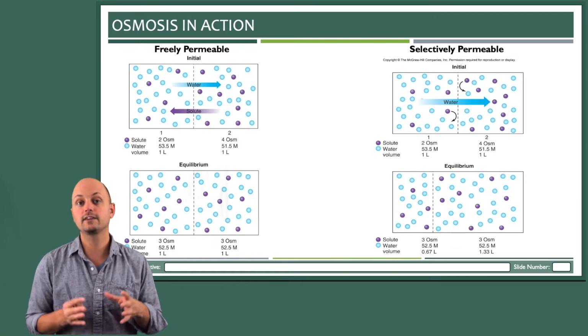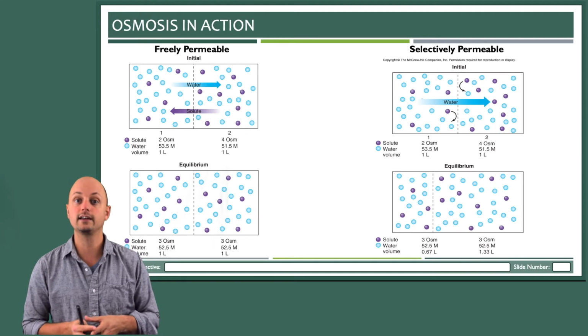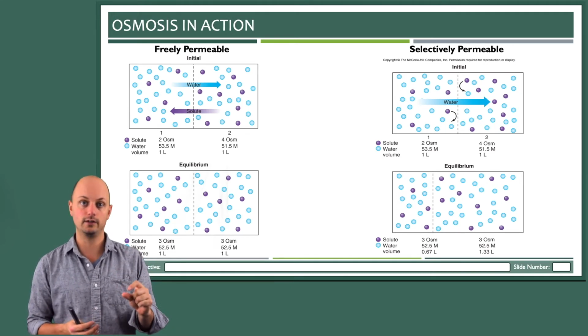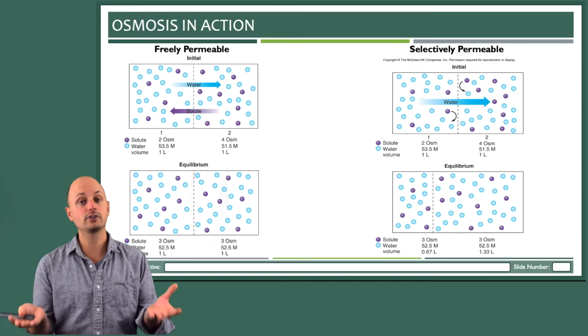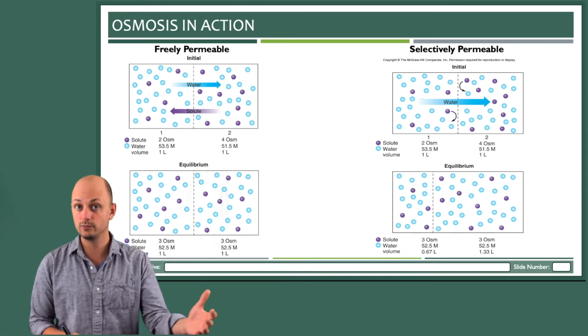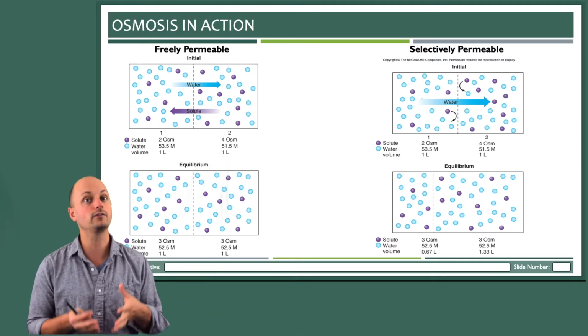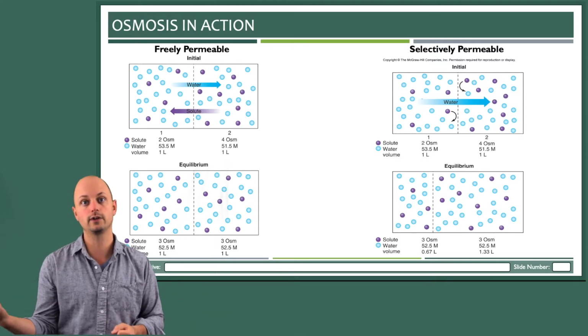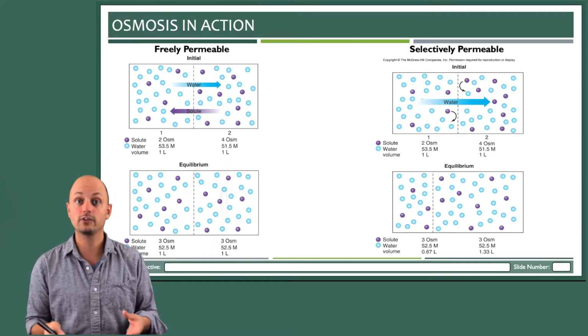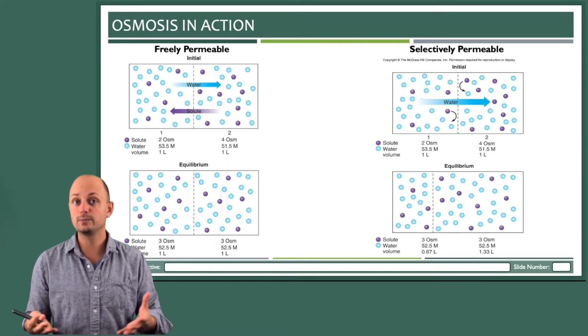But remember, this means that the concentration of water on the right side is lower. And you can actually see that if you count the number of water molecules. Because there's a concentration gradient for water, it's going to move from the area of higher concentration, which is the left side, into the area of lower concentration, which is the right side. And that means the left chamber is going to lose volume, the right chamber is going to gain volume, and all that's because of the water. The solute didn't move at all.